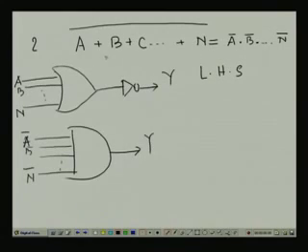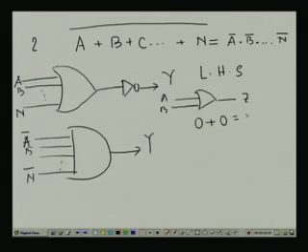See, for the second case, it is an n input OR, and what is the 2 input OR truth table? If it is a 2 input, we remember that A plus B, say 0 plus 0 is 0, 0 plus 1 is 1, 1 plus 0 is 1, 1 plus 1 is 1.